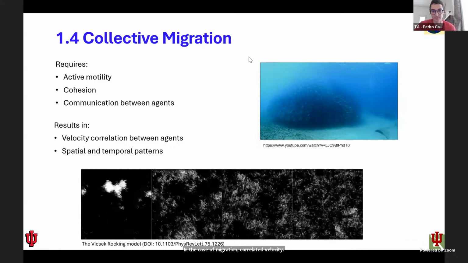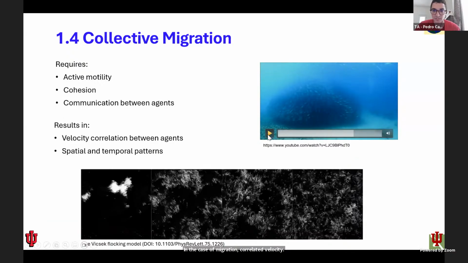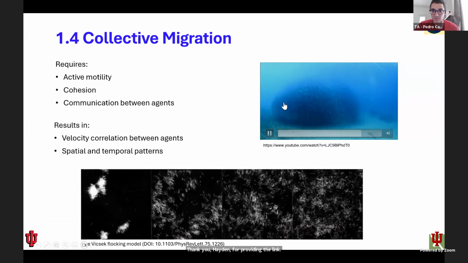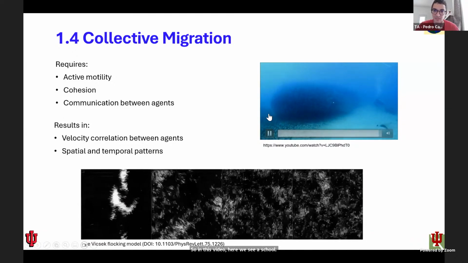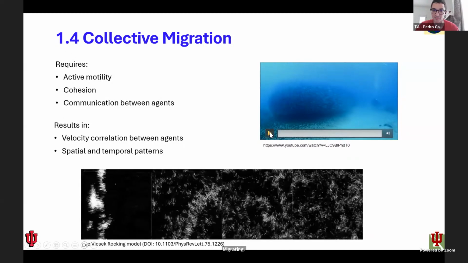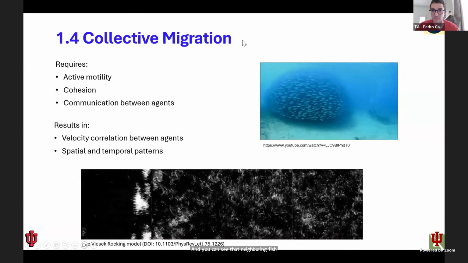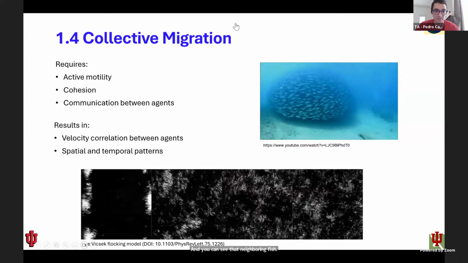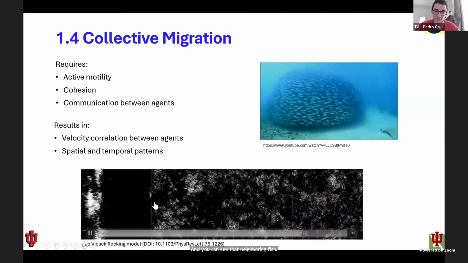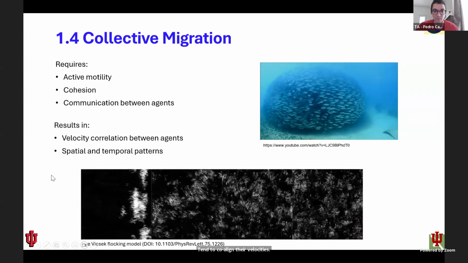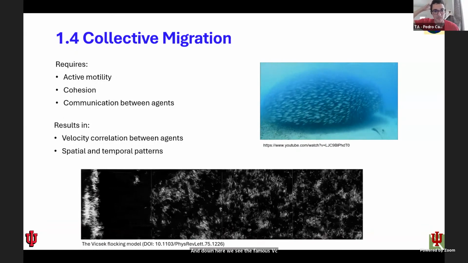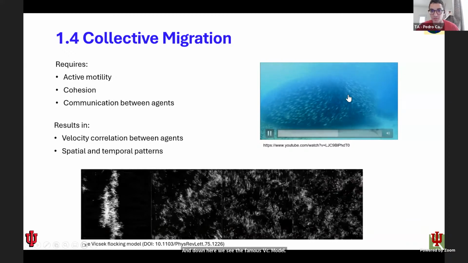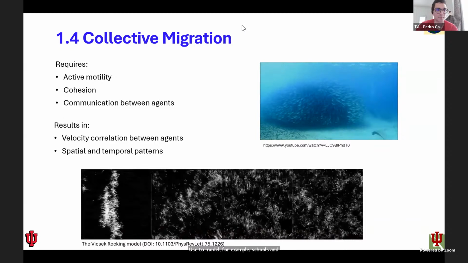Thank you, Hayden, for providing the link. So in this video here, we see a school migrating, and you can see that neighboring fish tend to co-align their velocities. And down here, we see the famous Vicsek flocking model, which is used to model, for example, schools and birds too.